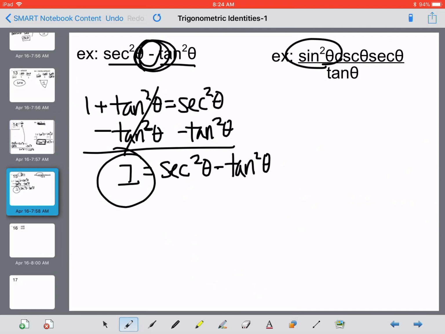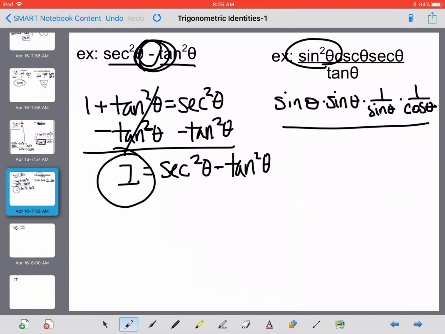So if you want to write them both out, you can. So if you want to write out sine theta times sine theta times, well, cosecant is 1 over sine, and then the secant is 1 over cosine. Okay, then all on bottom here we have tan, which is sine over cosine.